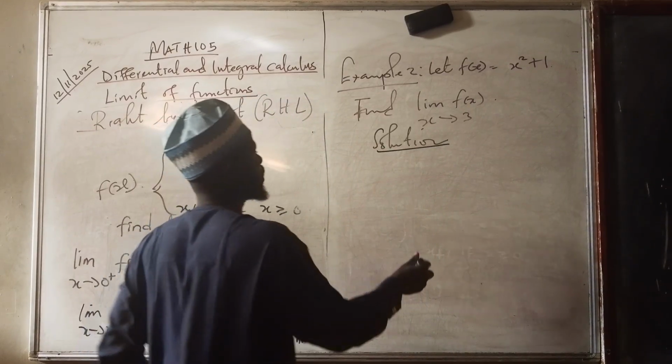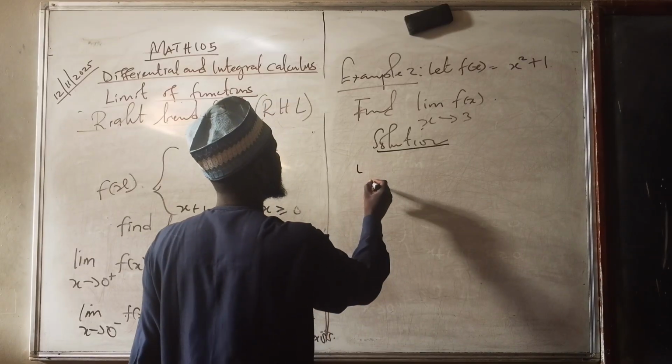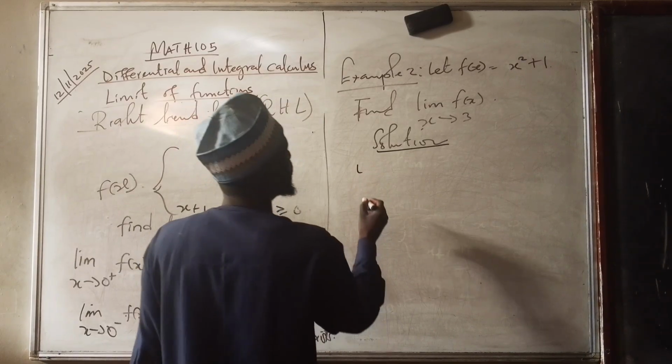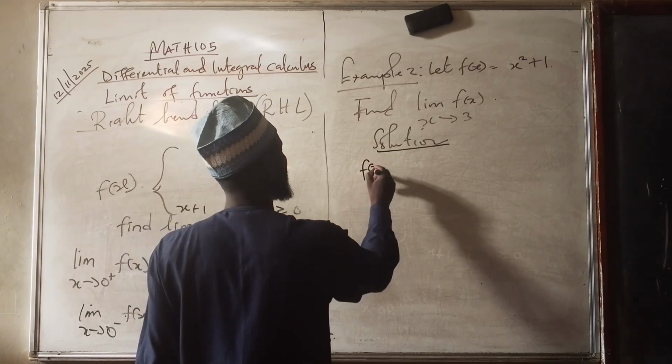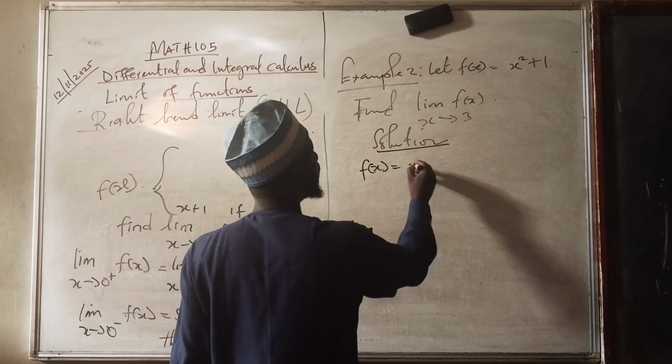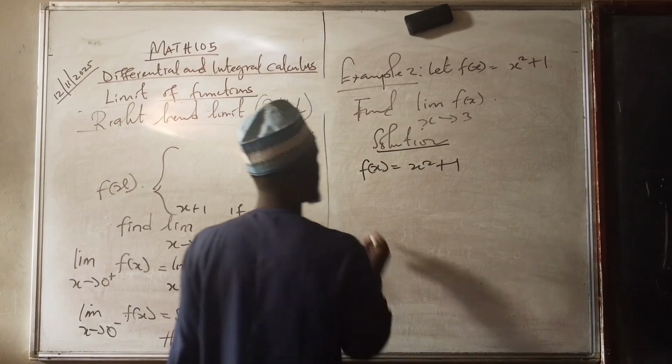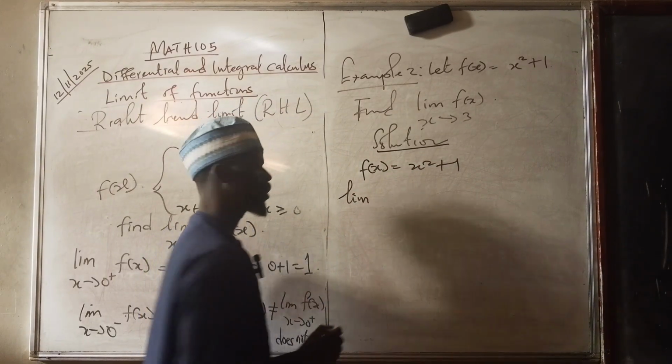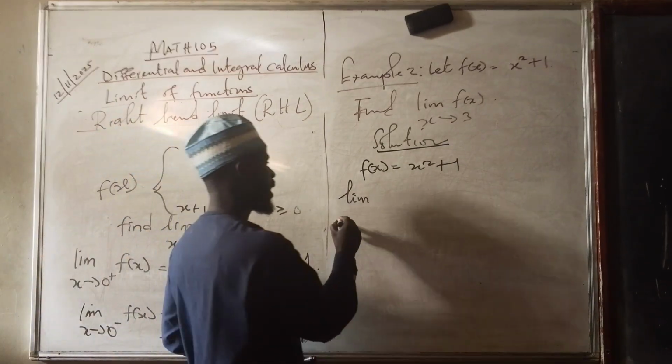So the solution there is: f of x is equal to x squared plus 1. We start with the limit to the left.